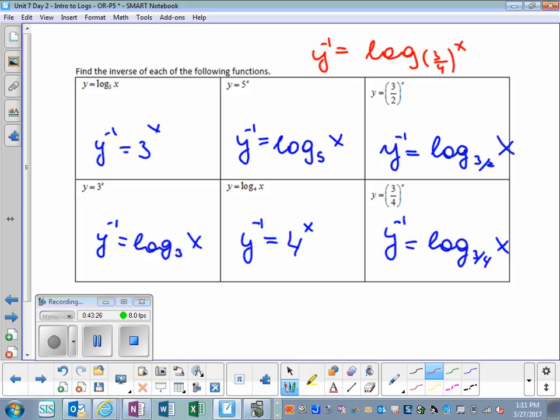And if your 3/4 is not low enough, to me this looks like common log with the argument 3/4 to the power of x, which is not the same as the log with the base 3/4 of x, right? So instead of doing these parentheses and writing them together, you really have to make sure that your 3/4 is low, like right here. It's in the base of the log, and then x is the argument into the log function, okay? Because it's very hard for us to understand what you wrote, and it will be an error on the test.